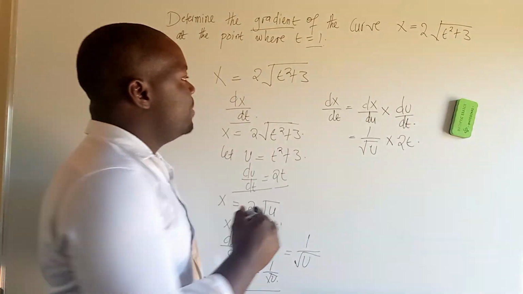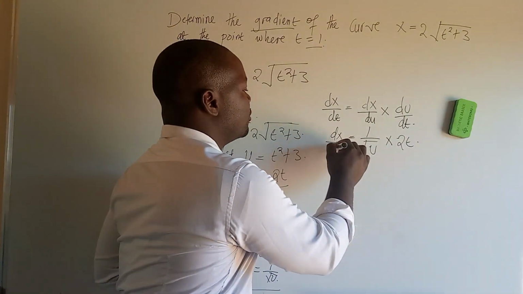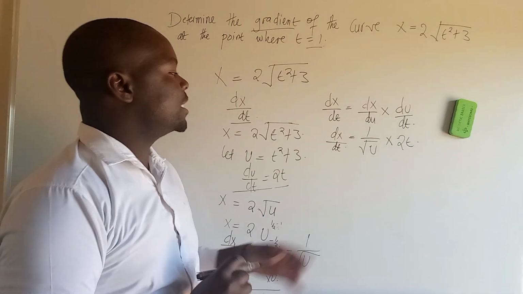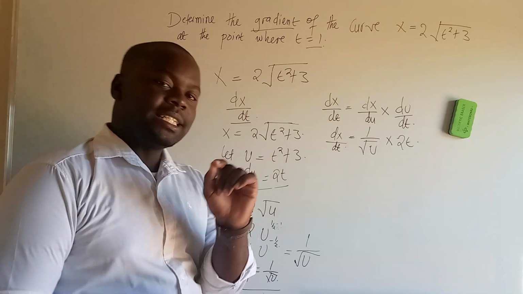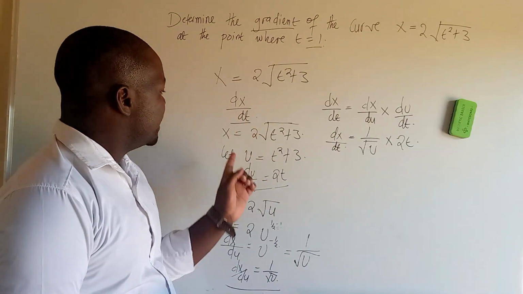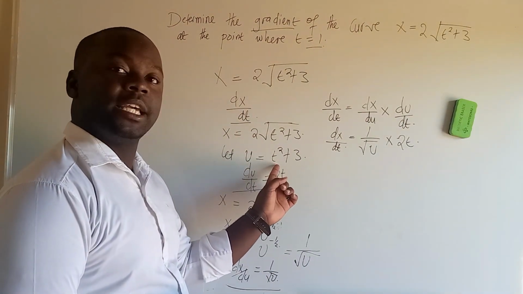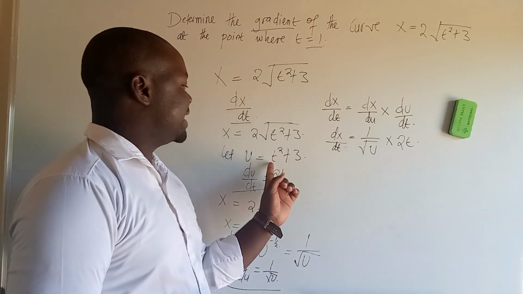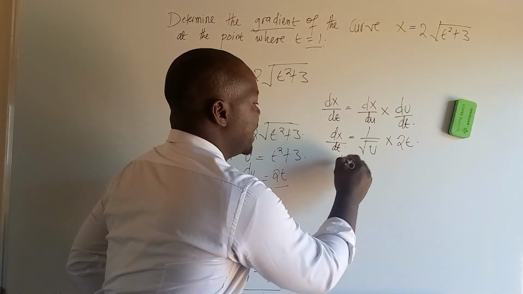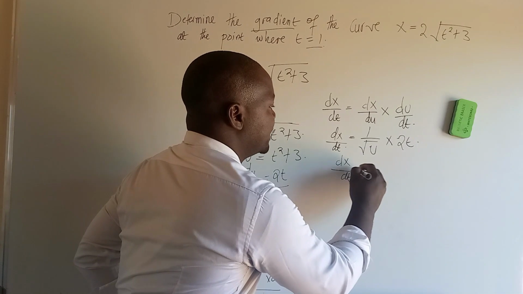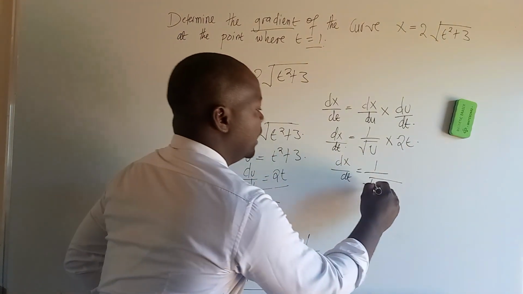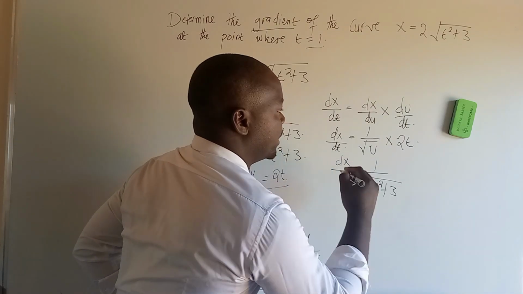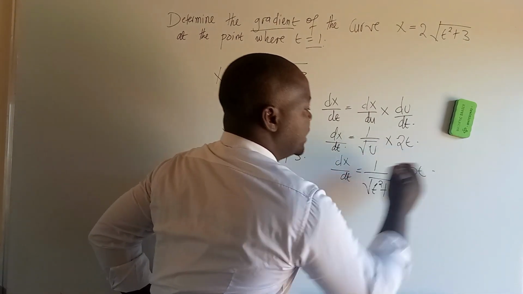Now remember that this is not our final answer, because there is a function of u. The initial equation does not have u. But we said let u be t squared plus 3. So wherever there is u, we'll put this. So dx over dt is equal to 1 over root of t squared plus 3, times 2t.